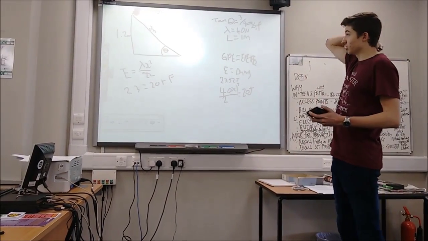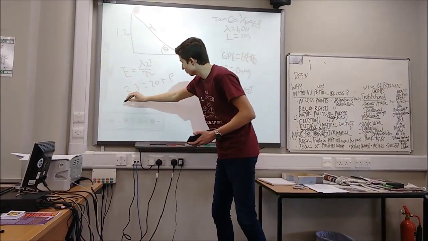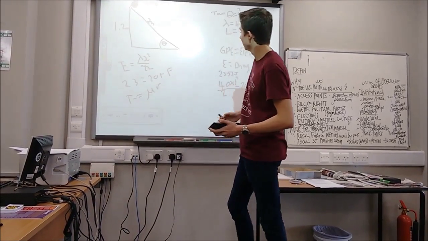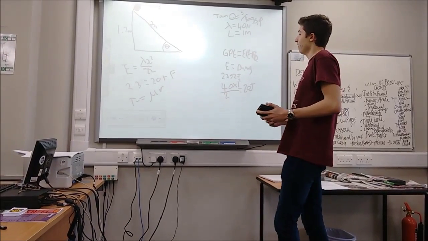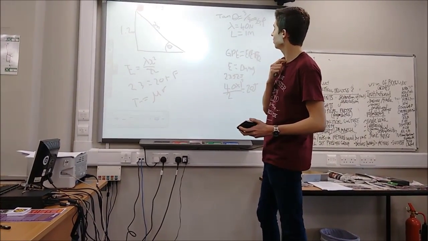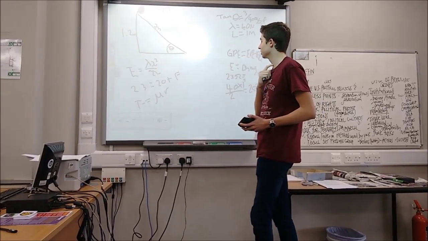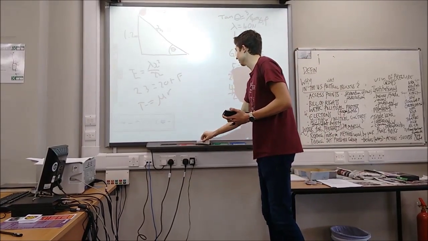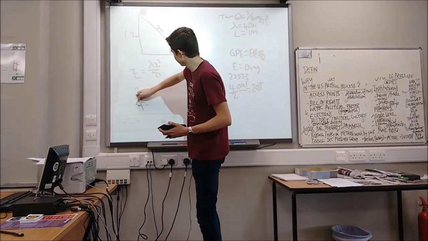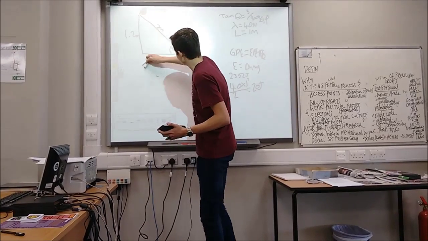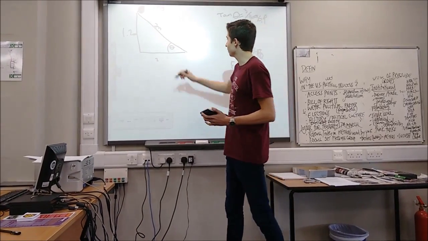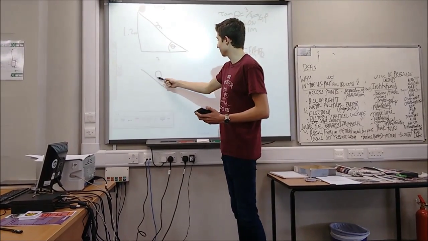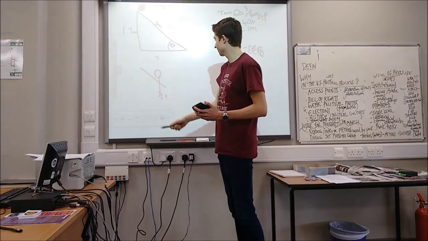Now to work out the frictional energy, we need to use another equation here. F equals mu R. We don't know F, but we can work out R here, and then we can put it in terms of mu. If we make some room on the board here, actually, to do this, quite a big one. If you look at this in detail, we can see that the ball is on a ramp here, and that is being pulled down by 2g.